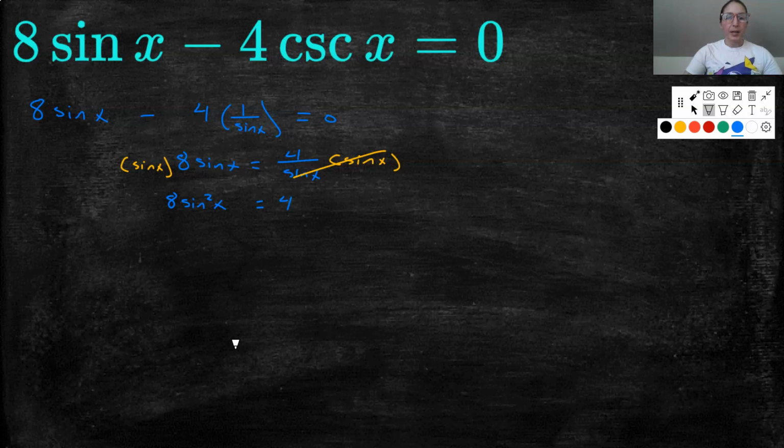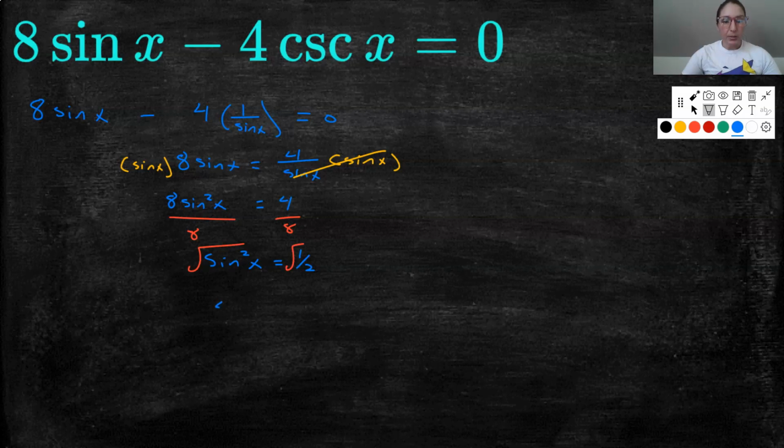Okay? Let's divide both sides by 8. I want to get sine squared by itself. So I get sine squared of x is equal to 4 over 8, which is 1/2. Great. I don't want sine squared, though. I want sine, which means I need to undo the square by taking the square root.